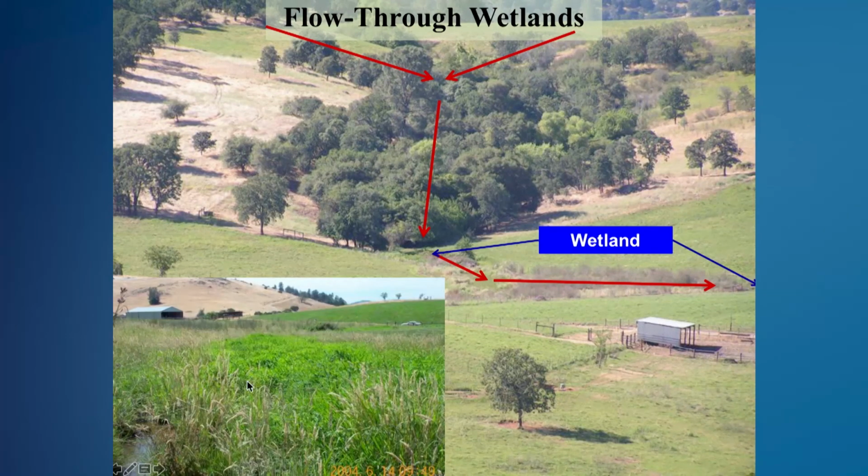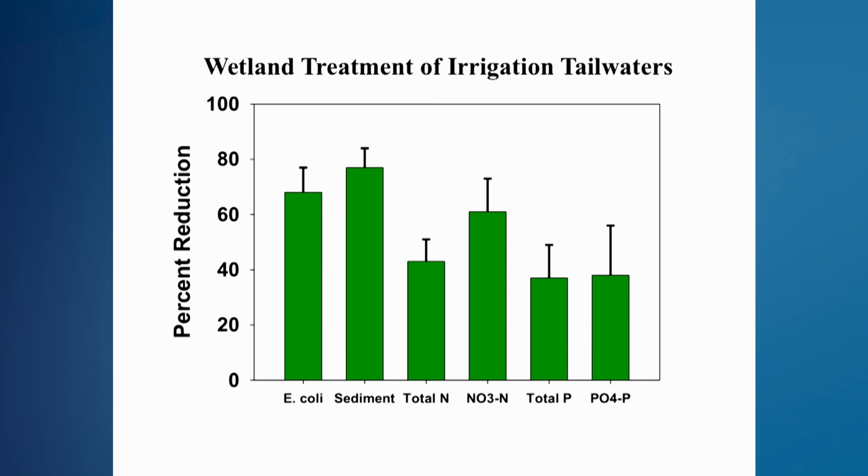And if we take a closer look at the wetland, we see some water here, but we see lots of vegetation here, which is able to both filter out and uptake nutrients, pathogens, and sediments. If we look at the efficiency of the wetland, these bars are showing the percent reduction in the amounts of various water quality parameters here.